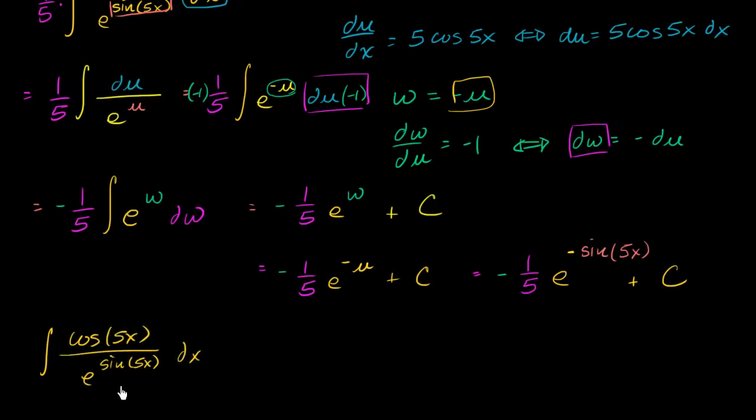We could have written this entire original integral as being equal to cosine of 5x times e to the negative sine of 5x dx.